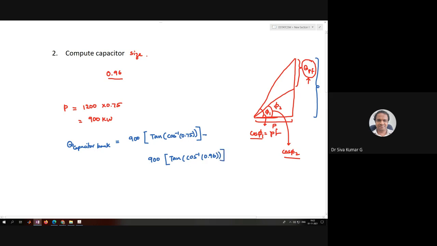This way we find the reactive power of the capacitor. This was the equation where we made a mistake in the last class. Now we get a value of around 531.22 kVAR, kilovolt ampere reactive.